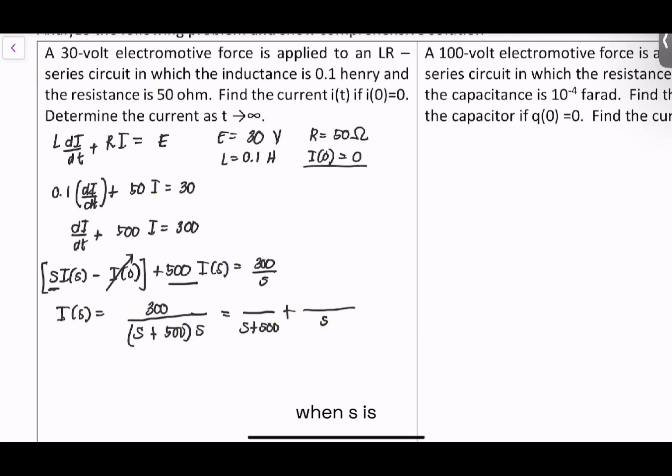When S is equal to negative 500, the numerator can be derived as 300 over negative 500, which is negative 3 over 5. And when we set S equal to 0, we will have 300 over 500. So that is 3 over 5.